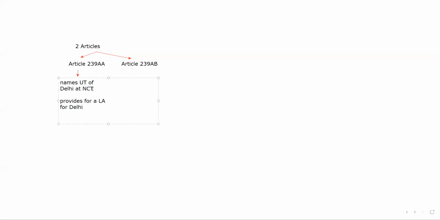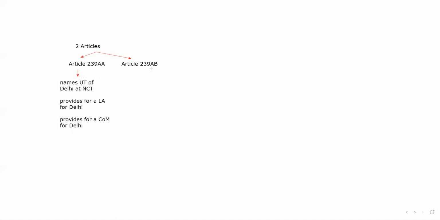And the third is that it provides for a Council of Ministers, COM, for Delhi. So these are the important things in Article 239AA.